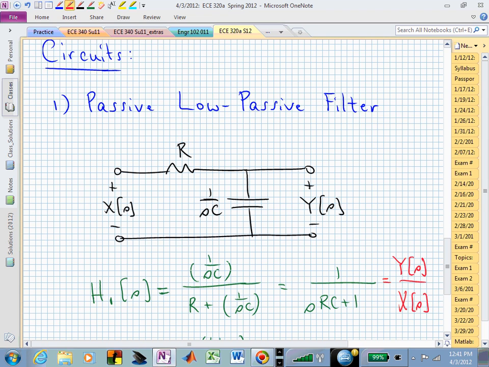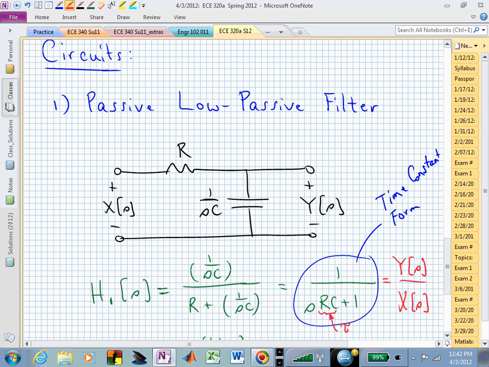They are equivalent, but in this particular case, I would refer to this representation of the transfer function as being in time constant form. The time constant here is the RC product.